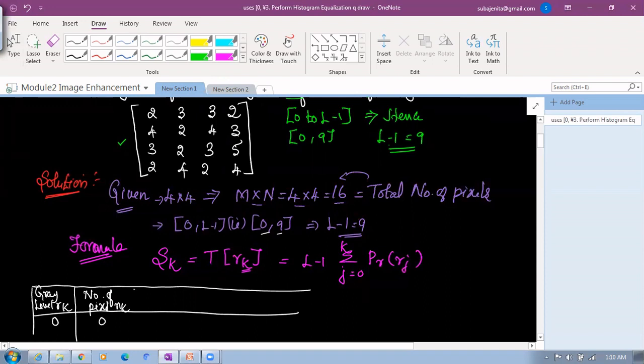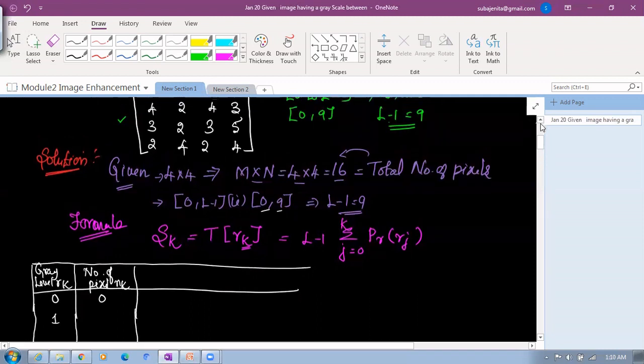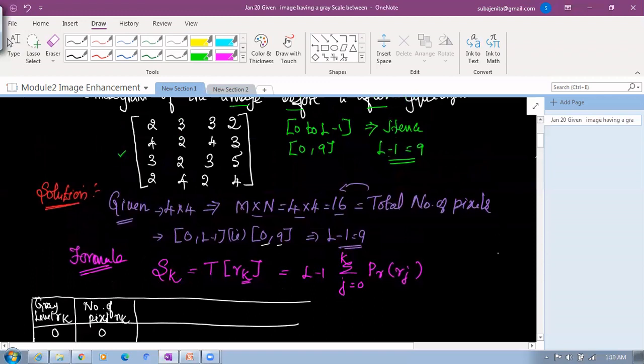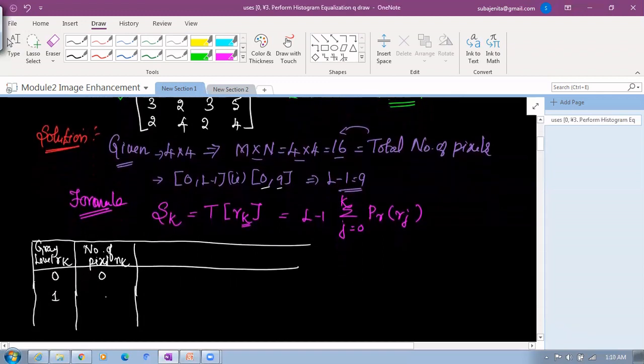So nk will be equal to 0. Moving on to the next case, the frequency of occurrence of intensity level 1. You can just notice in this image segment, 1 has not occurred, not even once. Hence, the number of pixels for the occurrence of 1 is 0.